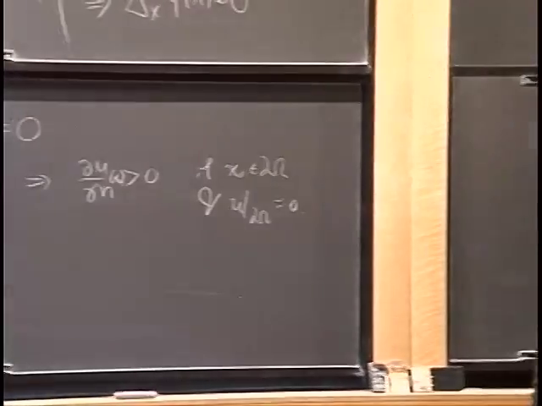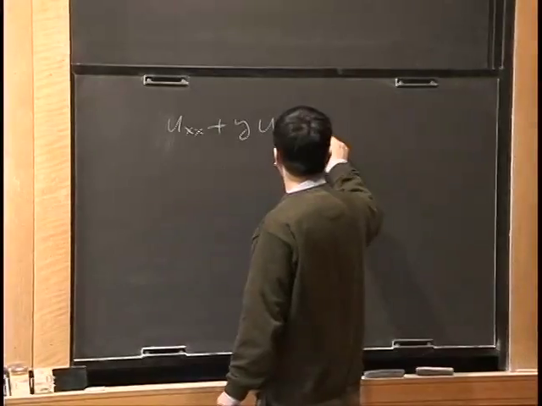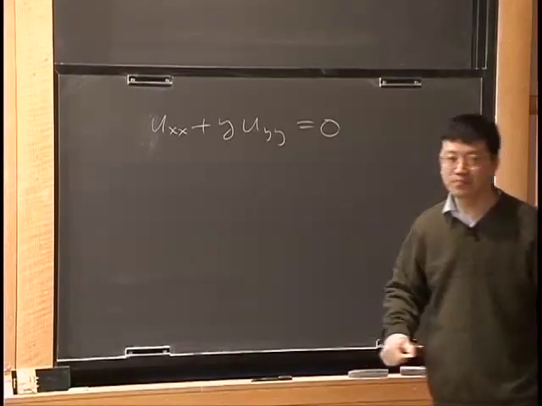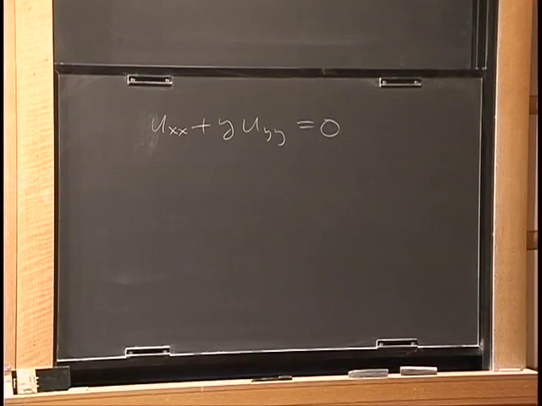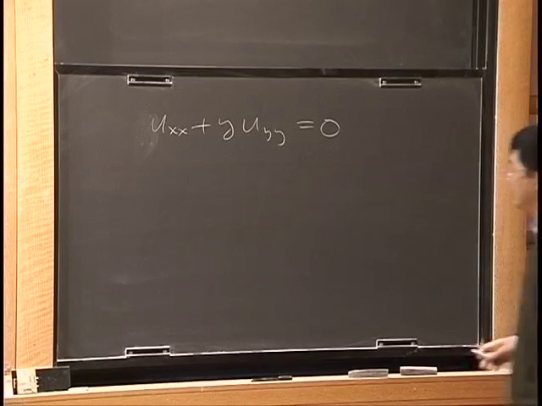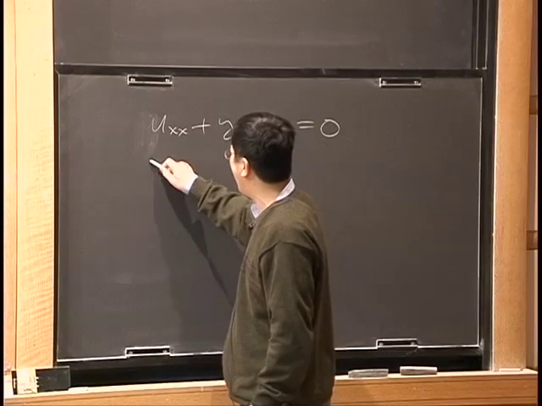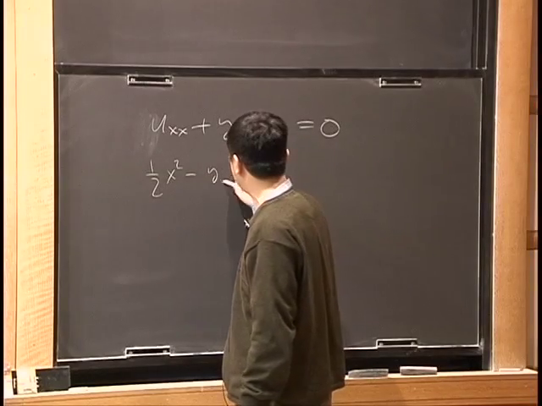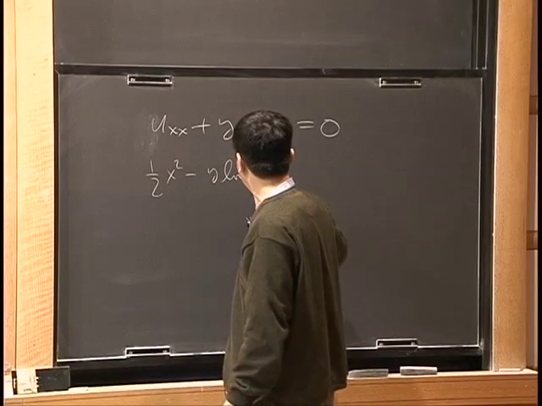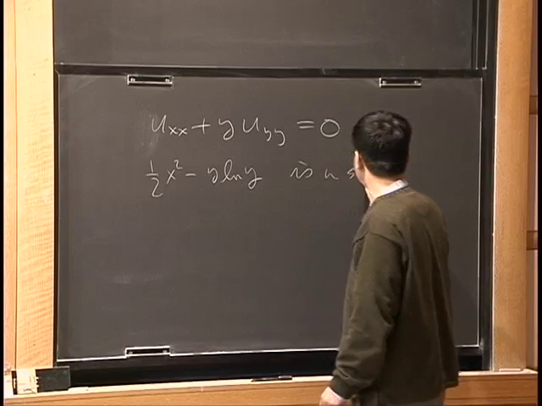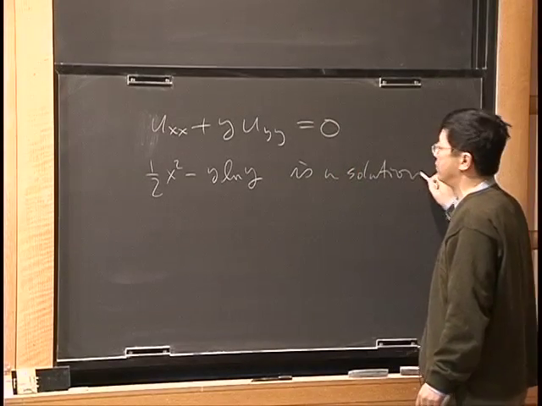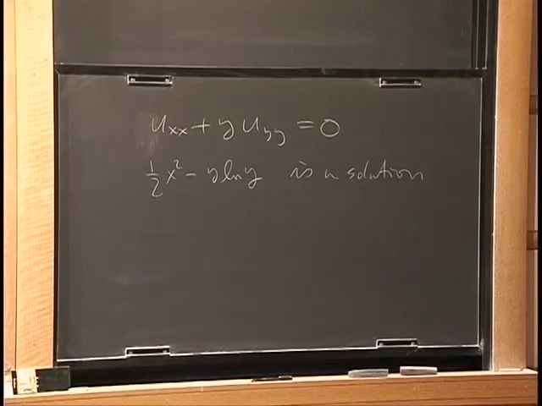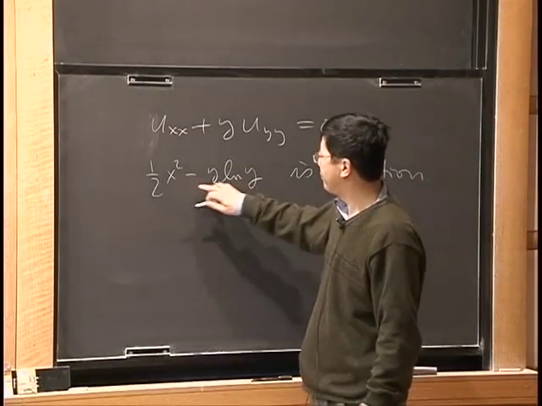Then let me say this kind of example, say u_xx plus u_yy equals 0. You have this solution, which is again elementary, u equals x squared minus y, I think minus or plus, is a solution. And the boundary data is, if you let y equal 0, it's half, right?